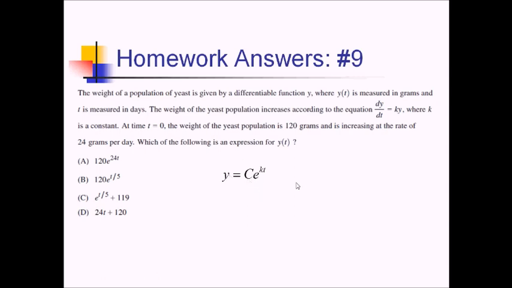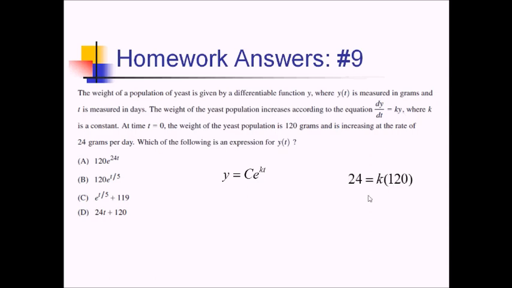In order to actually get that k value, you need to go back to the differential equation, because they want you to use this rate of 24 grams per day. And the only place where we have a variable to represent that is in the differential equation here. That's the dy over dt. That is the 24. So we can say 24 equals k times the y value, 120.